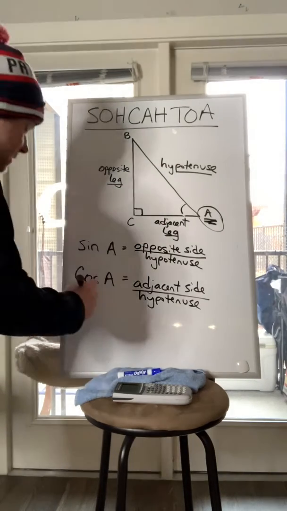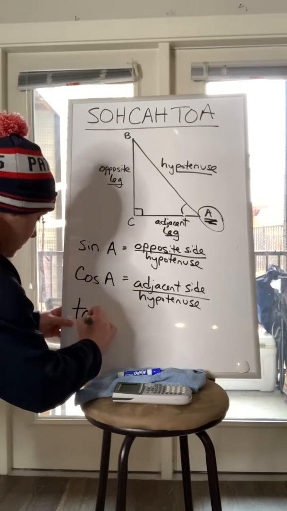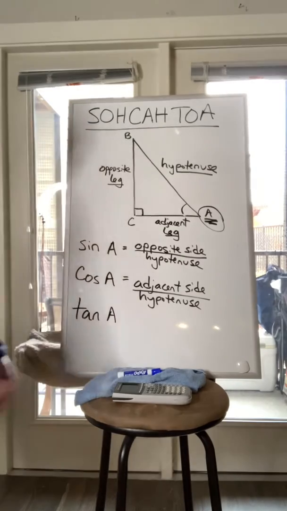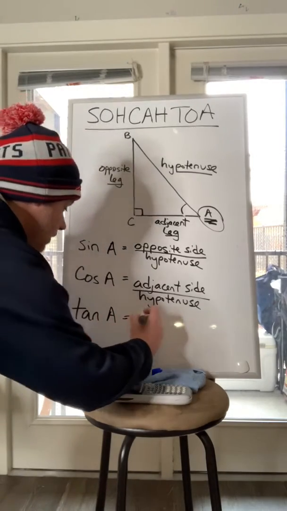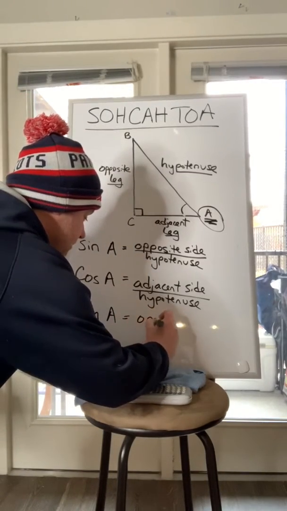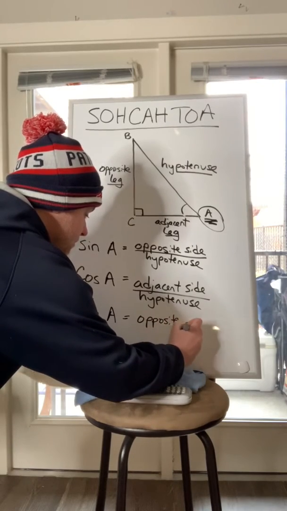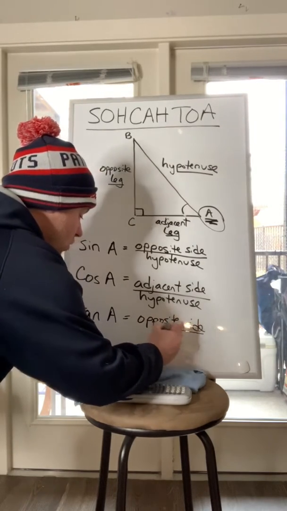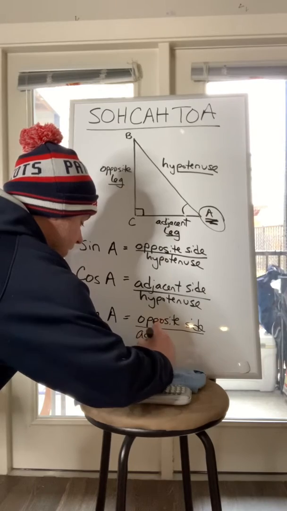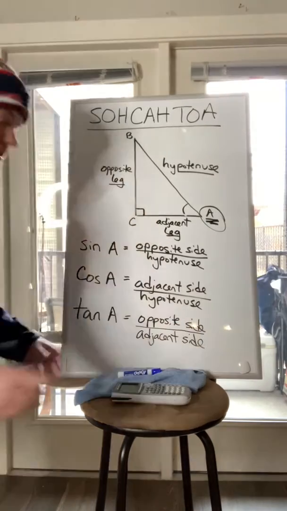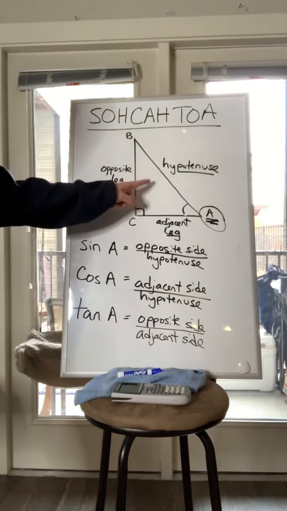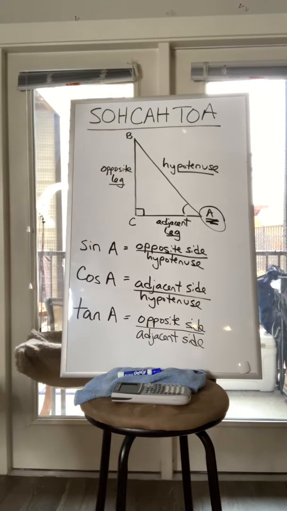And then finally, the tangent, as we abbreviate it, tan of A, the tangent is equal to the opposite side over the adjacent side. So that would be this side over this side.